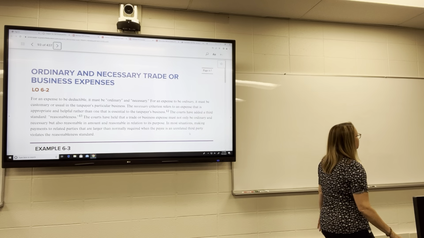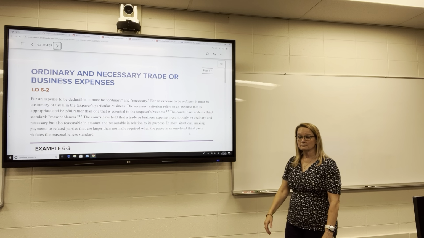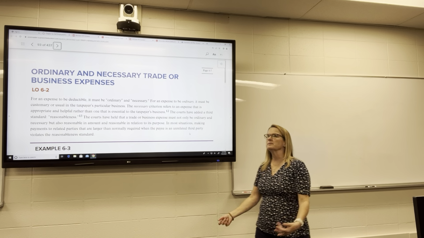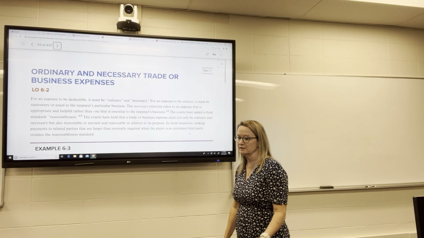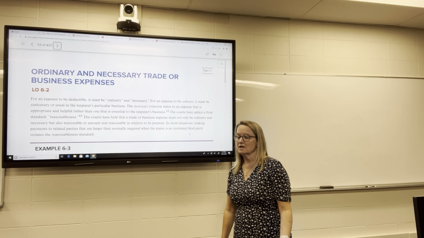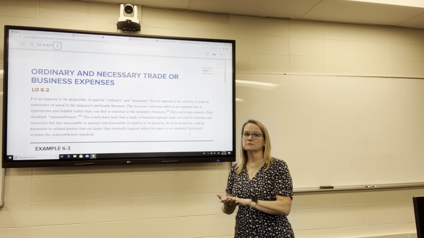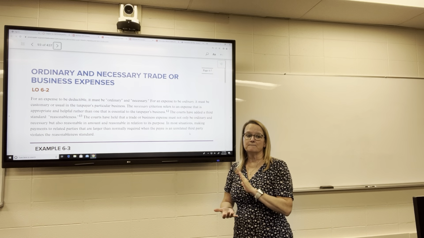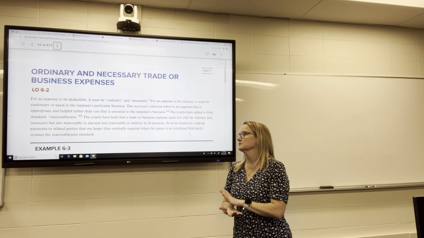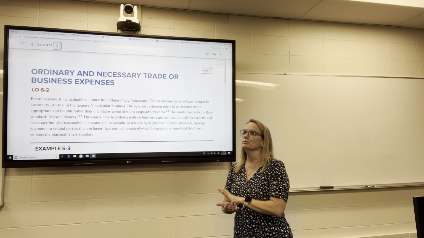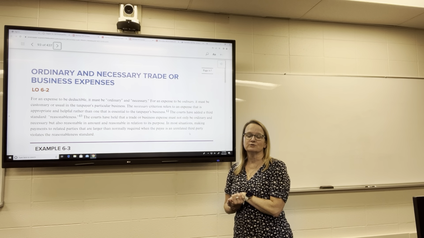Let me try and think of an example here. A computer? You could probably make an argument that for almost every field, a computer would be an ordinary expense anymore. So let's say you're an accountant and you really like baking cakes in your free time, and so you purchase an oven so that you can bake cakes.